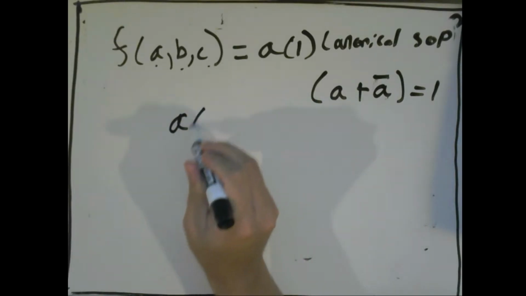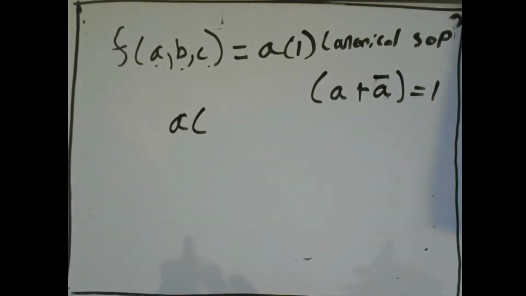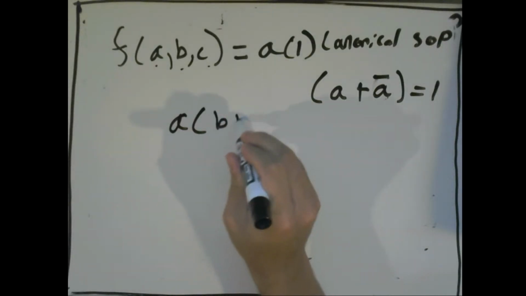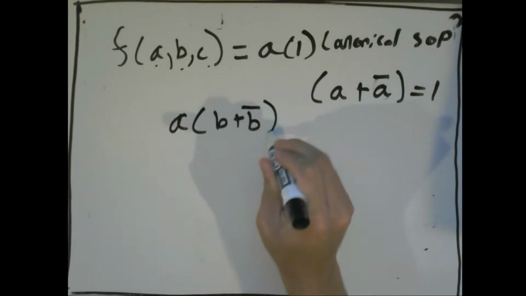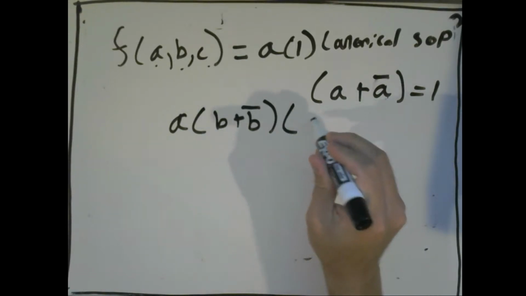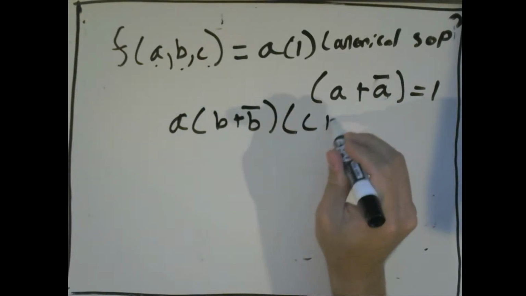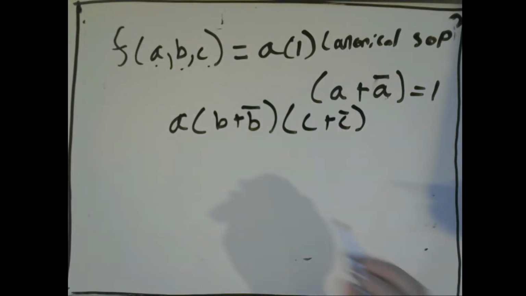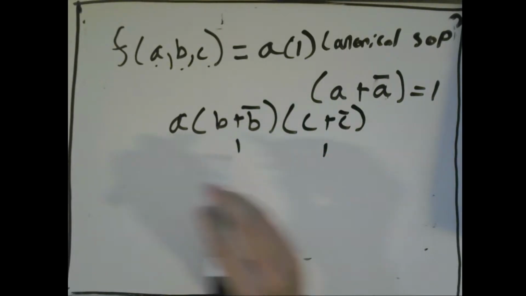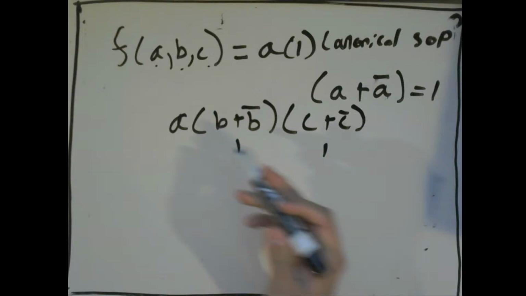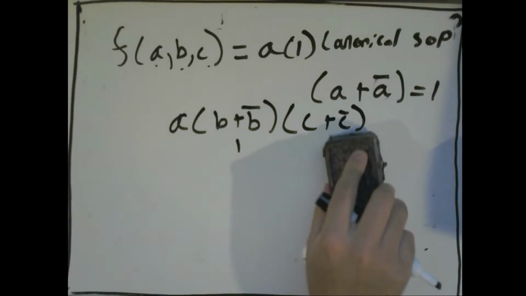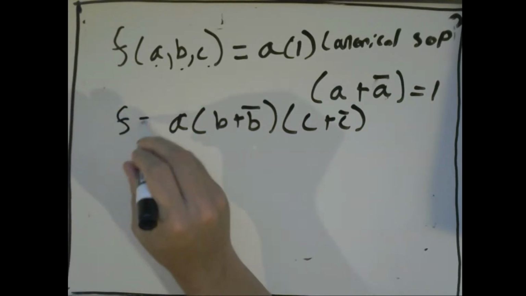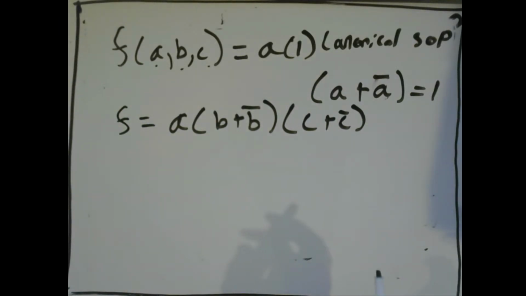I want A, B, and C to show up in every single term. So what I can do is write down this property and AND it with this right here. These are both 1, so I haven't done anything to this equation. It's still just A, I've just written it in a different way. Now I can distribute all these terms to each other.